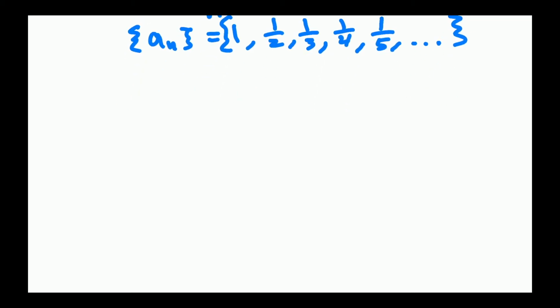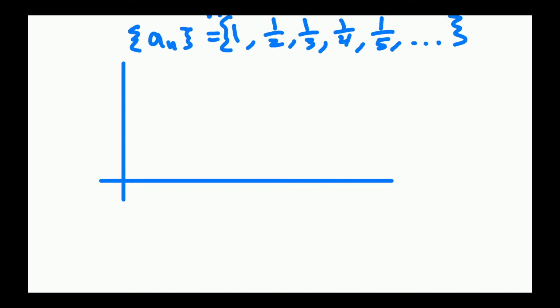And if you go and you put these on a graph, put 1 up here. If I go 1, 2, 3, 4, 5, 6, 7, then what you get when you plot these is A1 is 1, so it's there. A2 is a half, so it's there. A3 is a third, so it's about there. A4 is a fourth, so it's about there.